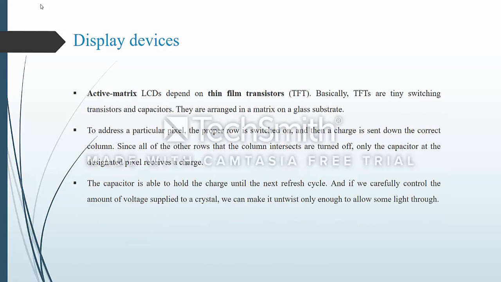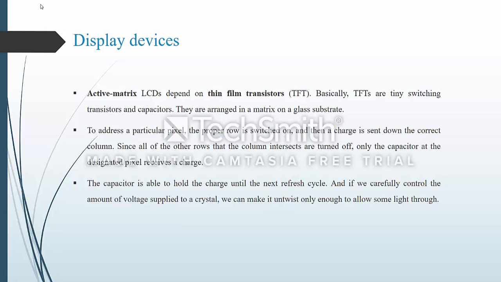Now we will look into active matrix displays. Active matrix LCDs depend upon thin film transistors. Basically, TFTs are tiny switching transistors and capacitors. They are arranged in a matrix on a glass substrate. To address a particular pixel, the proper row is switched on and then a charge is sent down the correct column.